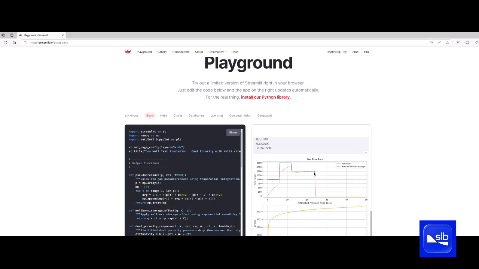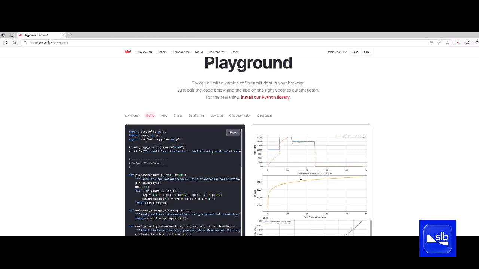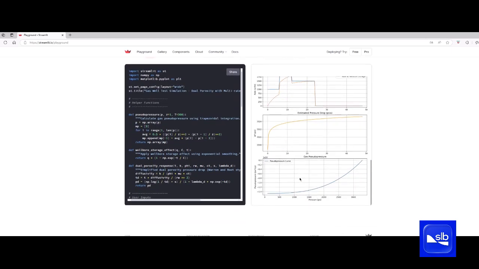We also have the wellbore storage, the capability of the well to store gas, that is compatible with the flow rate actually. The estimated pressure and gas pseudo-pressure.